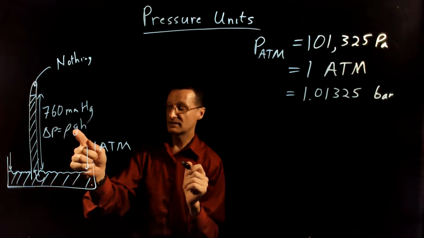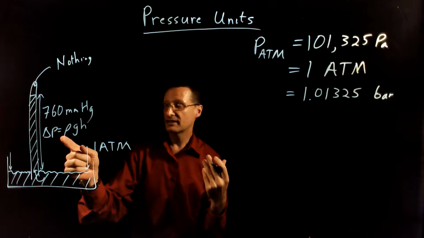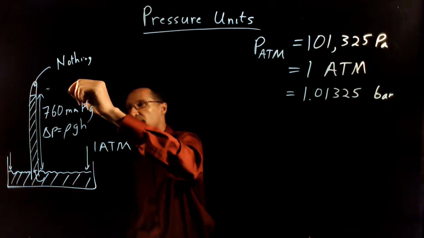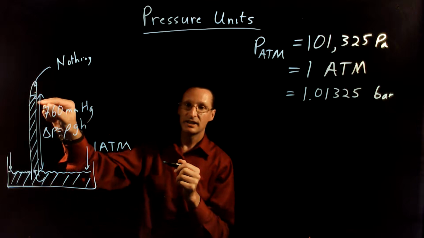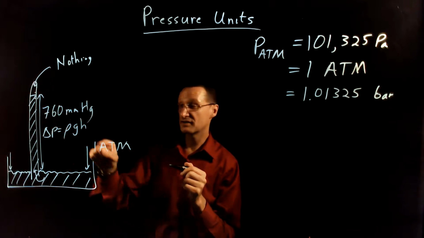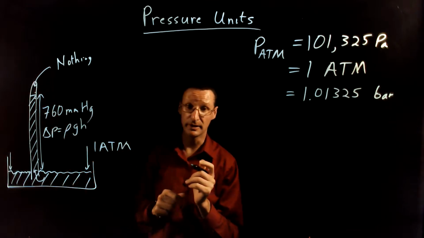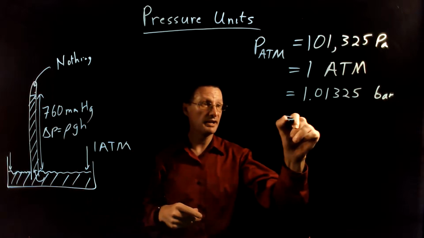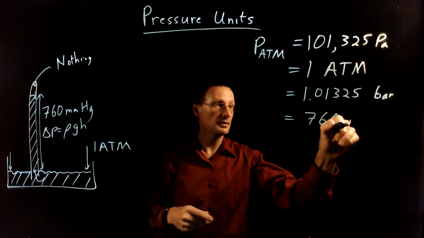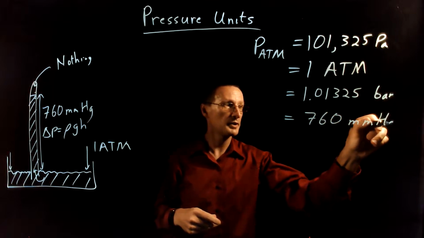You can compute this number, but people actually found it more convenient to just put markings on the tube and see how much it pushed the fluid up or down, and just read off the height of the fluid. If you do this on average for the atmosphere, this will be about 760 millimeters of mercury.